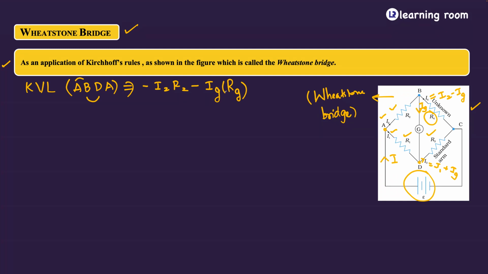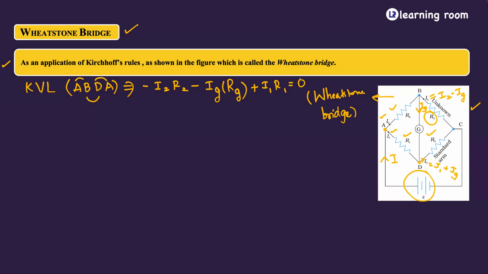Now, when you go from D to A, it is going to be plus I1 into R1. Everything put together will be 0 because you completed the loop.